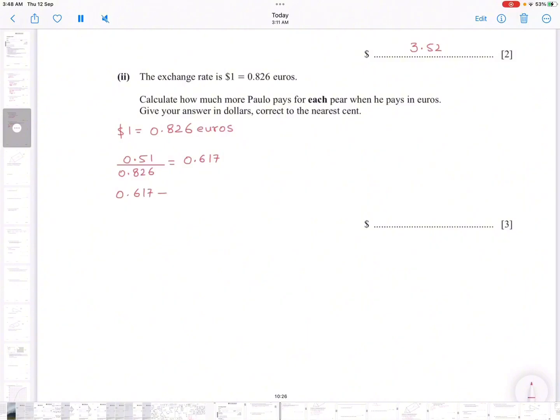So 0.617 minus 0.54. So this is $0.08. So this much dollar he has to pay more.